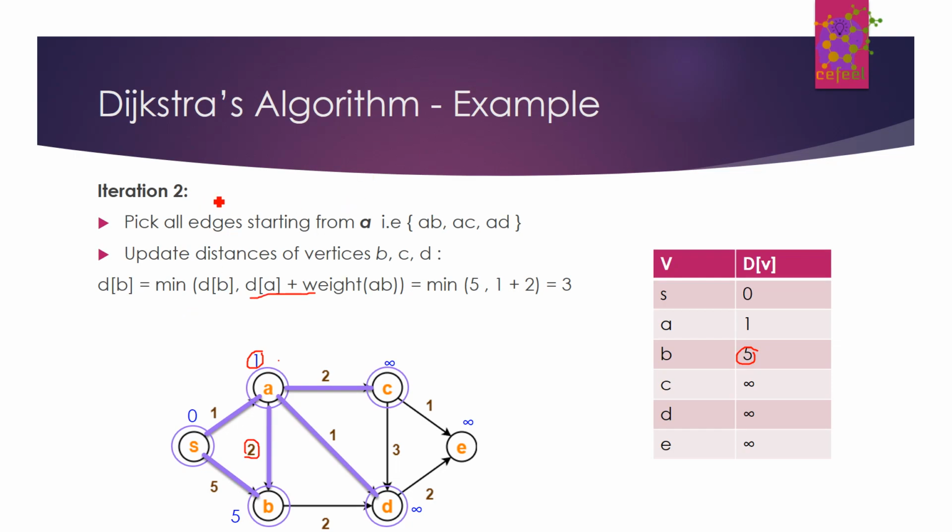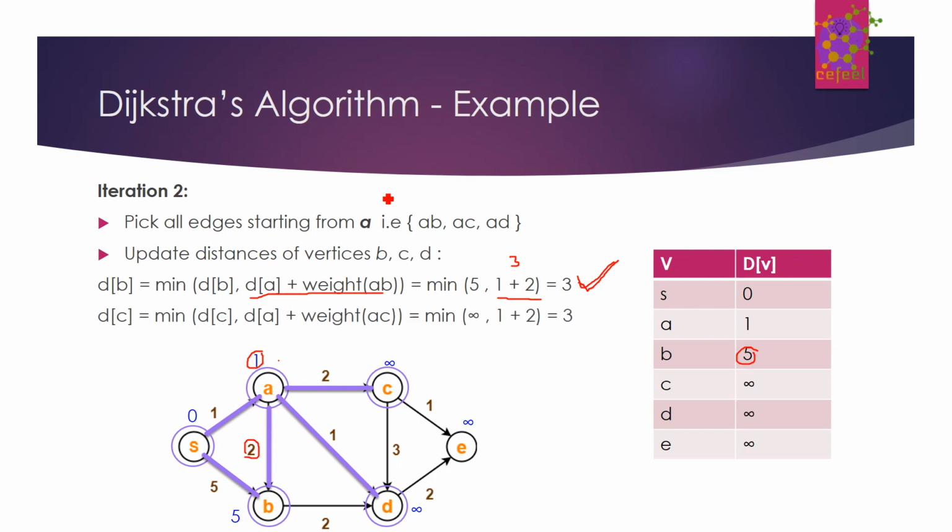So distance of A plus AB is 1 plus 2, which is 3. Now what was the earlier distance we had? Earlier distance was 5. So we notice that we have found a new path S-A-B to reach B, which is just 3. Hence the new distance value of B is 3, which means we have found a newer path to B of just weight 3.